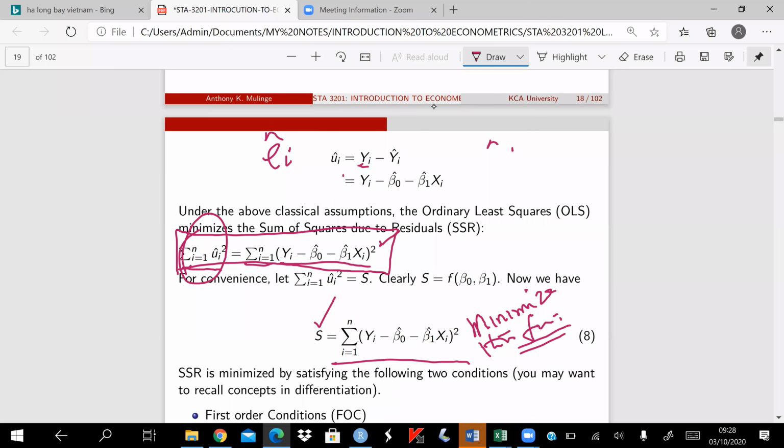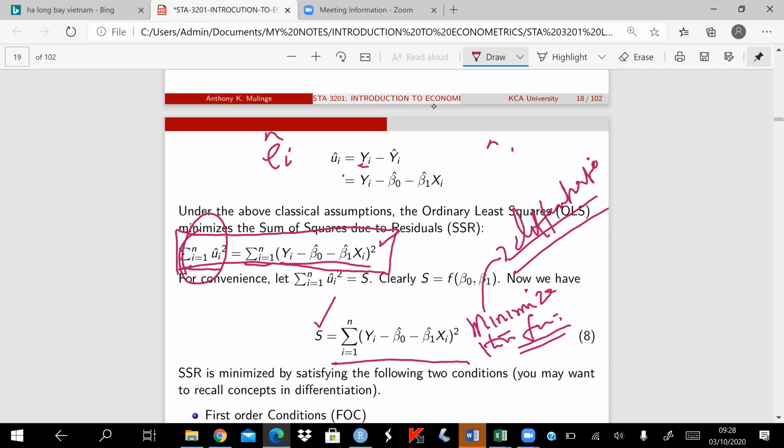Okay, and as you know, minimization of functions is done through differentiation. So we need to differentiate a function for you to locate the minimum point, and there's a process of obtaining the minimum point.